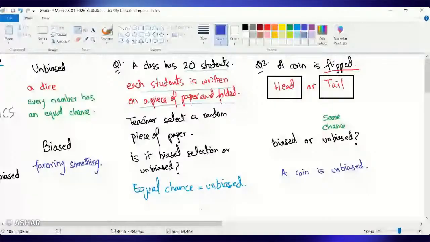Apart from this scenario, it is biased. We say another side. One, two, three.